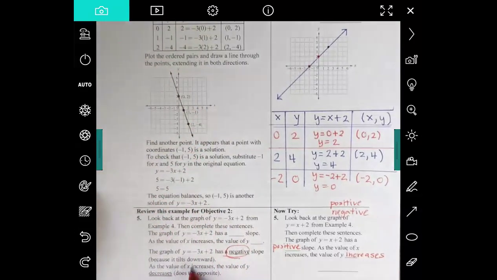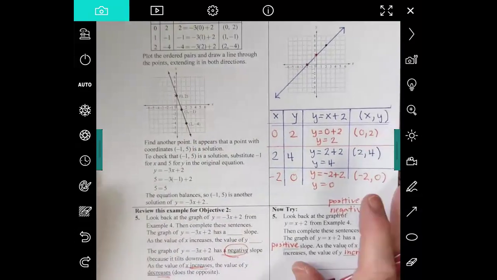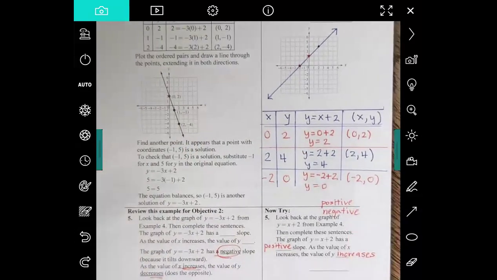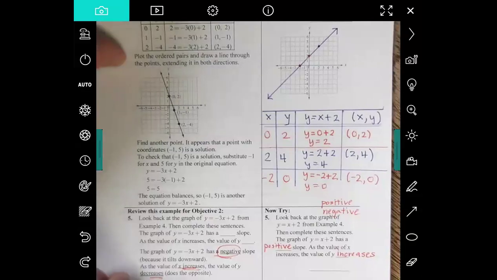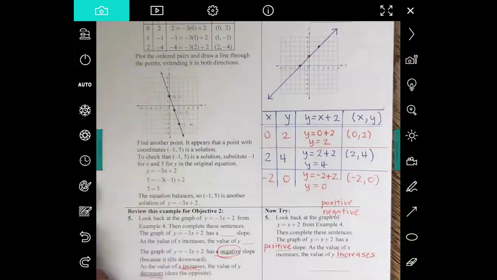As the value of x increases, the value of y decreases, it goes down, okay? So those are the two possibilities that we're talking about now, positive slopes and negative slopes. There are actually two other cases. I don't know when they'll give you those, but maybe in Algebra 1, maybe now, I don't know.